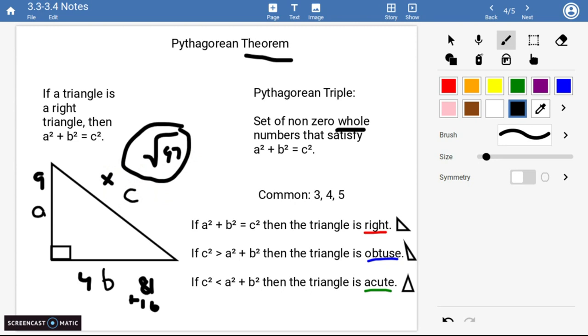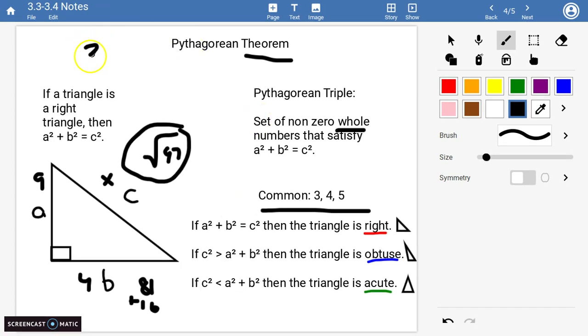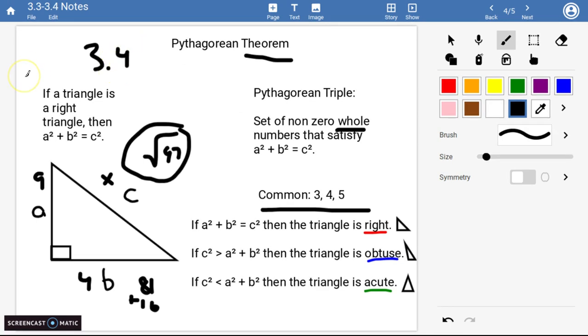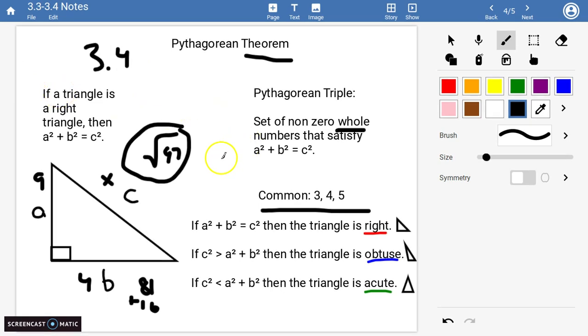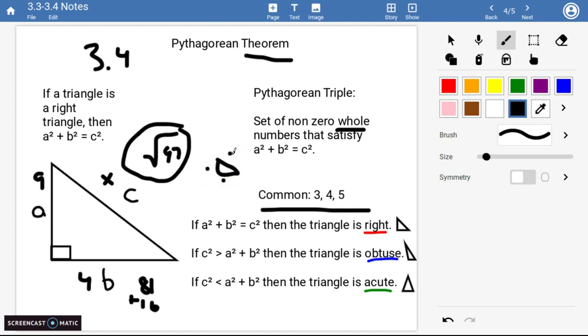And then the last thing is that there's common ones that you might need to know. I mean, there's a lot of different ones that work for that. So in case you were wondering, now we are on standard 3.4 as of this slide. But 3, 4, and 5, that is the common one. So if you ever see something where you're like, oh, 3, 4, what's that? Oh, you know it's 5.